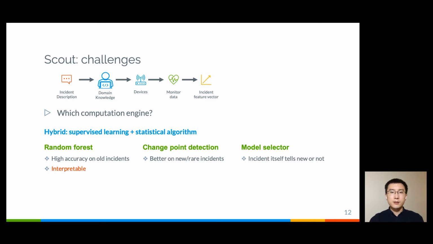So we can let the incident itself tell whether it is a new or old incident. The selector uses meta-learning to identify new incidents. If the selector thinks it is a recurring incident, it will send the incident to the random forest model. Otherwise, it will call the change point detection algorithm. So at last, we can call the corresponding computation engine and get the classification result.